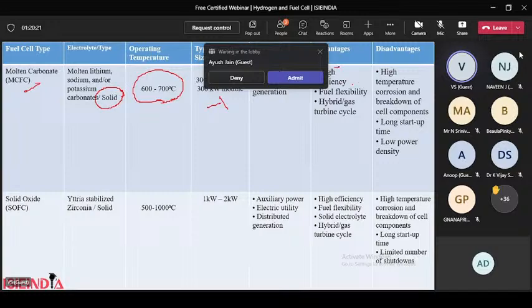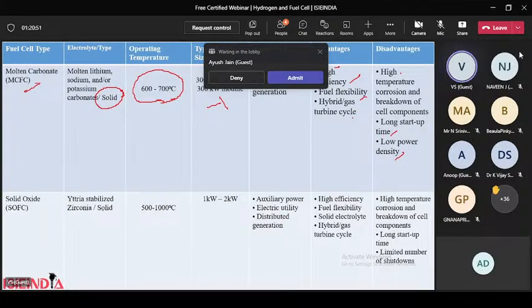The advantages are that these fuel cells have higher efficiencies, fuel flexibility, and hybrid gas. Coming to the disadvantages, there is high temperature corrosion and breakdown of cell components. Because of the high temperature there is some corrosion, and the cell components break down. This fuel cell also has a long startup time and low power density.